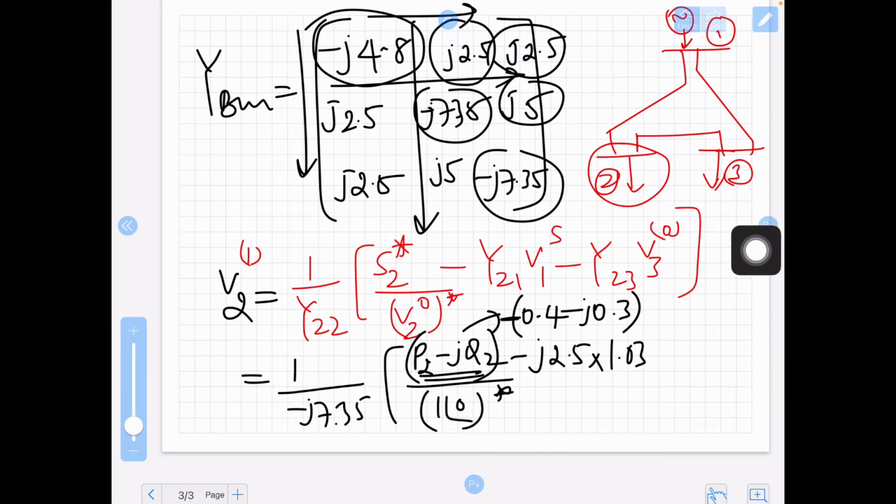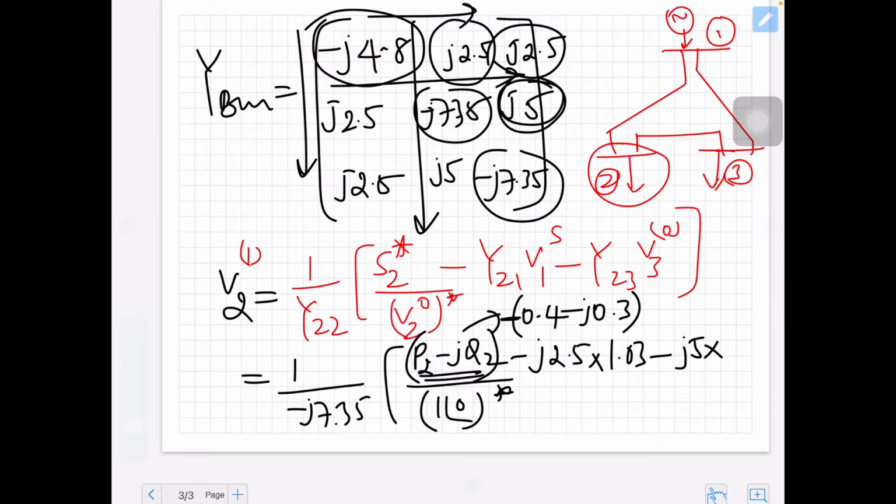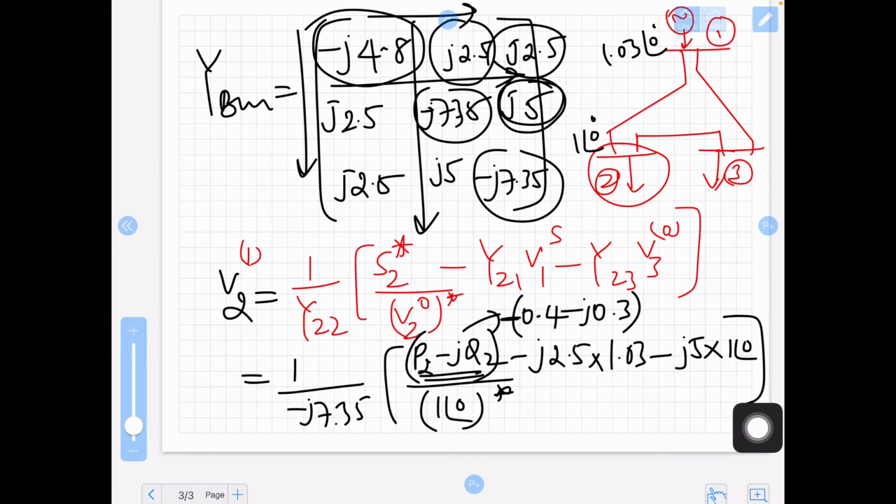Next, minus y23, it is given, y23 is j5, and then the value of V3 is not known. So the bus 1 voltage is given as 1.03, but the bus voltages V2 and V3 are not given. We have to initially flat start, that is 1 at an angle of 0.